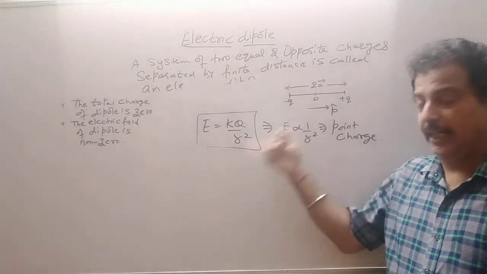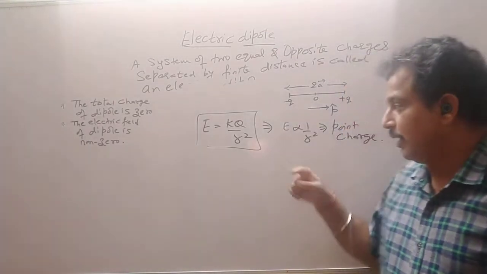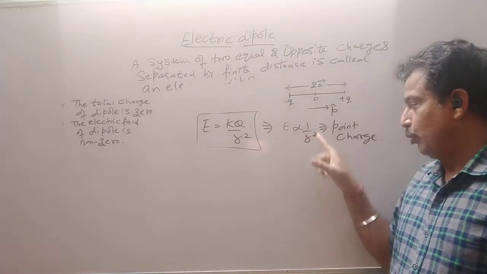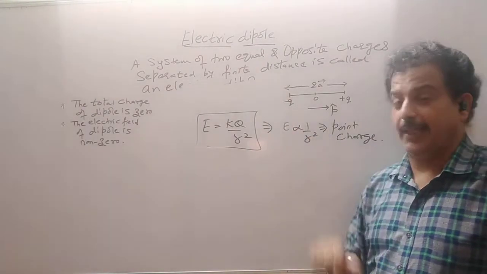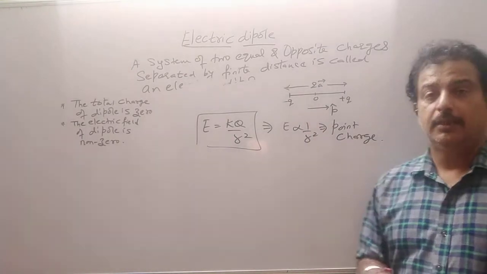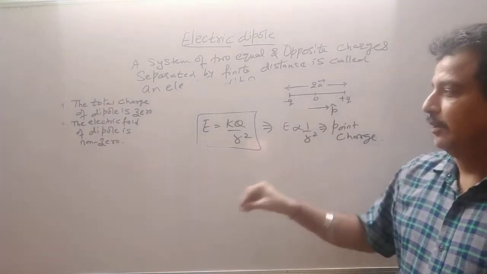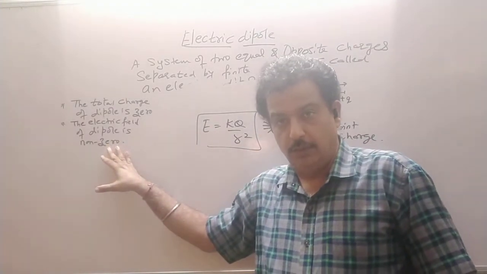So its electric field decreases very fast, meaning E is inversely proportional to r square for a point charge. In the case of a dipole it will not be 1 upon r square, the power may be higher, that we will see. So the total electric field is non-zero.